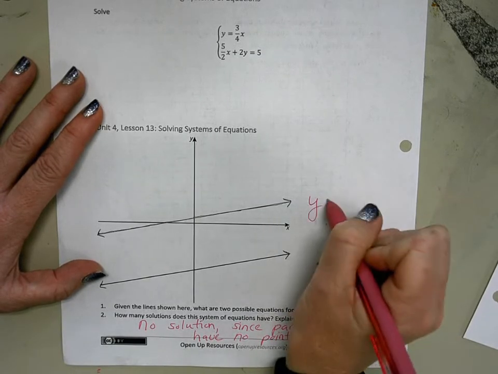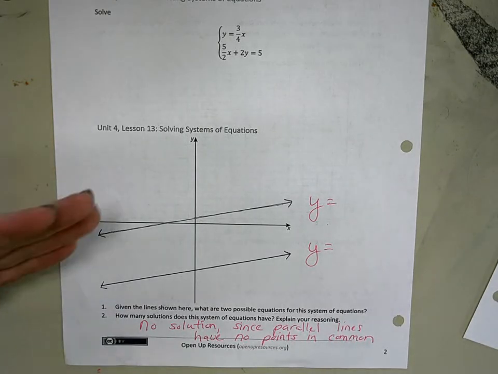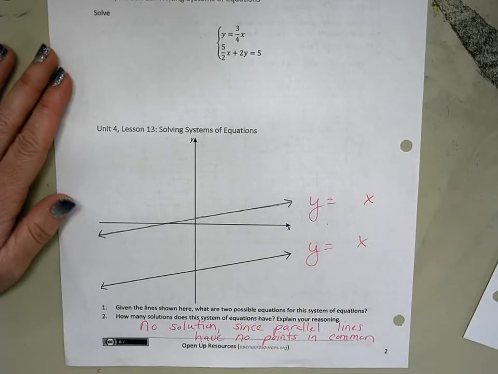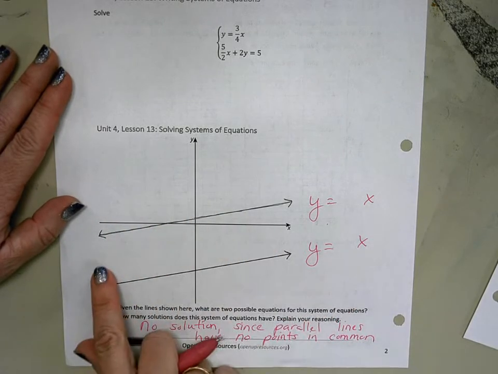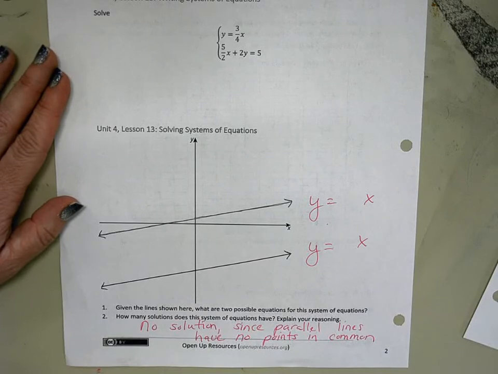And then I'm going to write two equations that make sense based on what I see here. So I know they're parallel, which means I know their slope is going to be the same. They're parallel, and they're both, as we move across the page left to right, gradually increasing. So I know it's a positive slope.